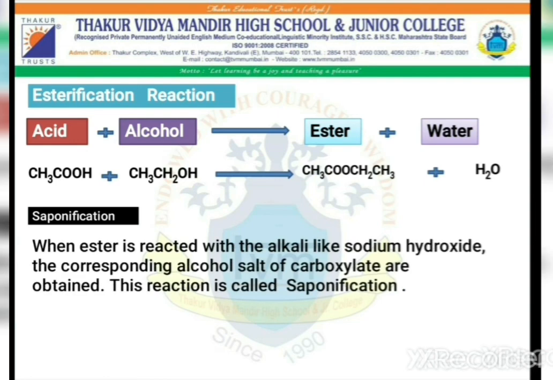The last is saponification. Saponification is when an ester is reacted with alkali. Saponification is a continuation of the esterification reaction. The ester, which is formed in the earlier stage, when reacted with an alkali like sodium hydroxide, gives the corresponding alcohol and salt of carboxylate, and this is called saponification.